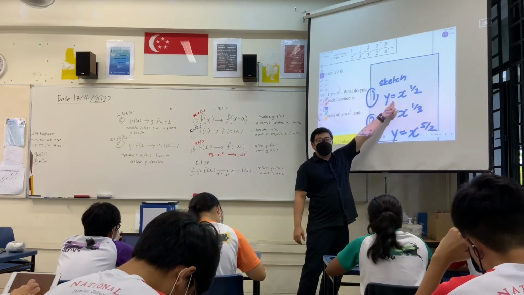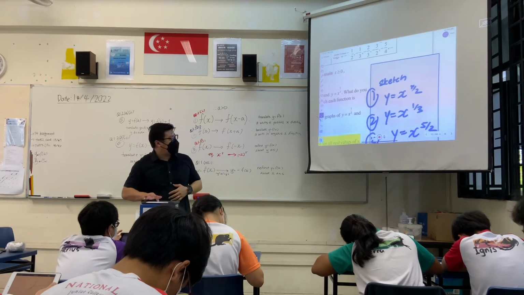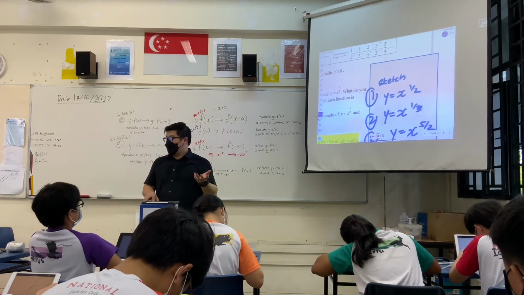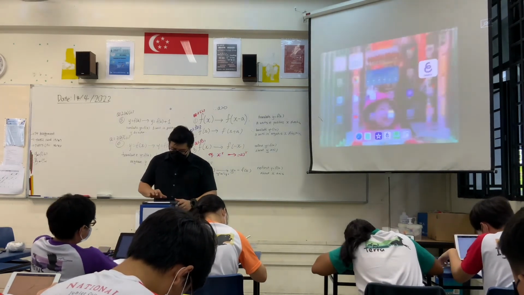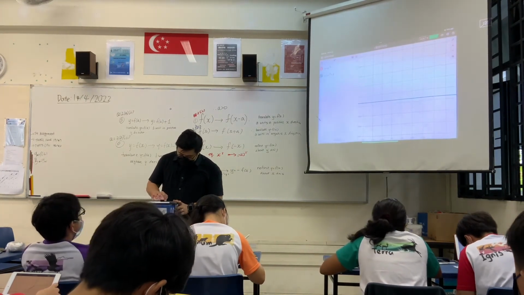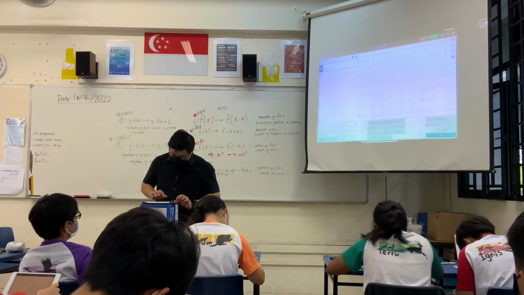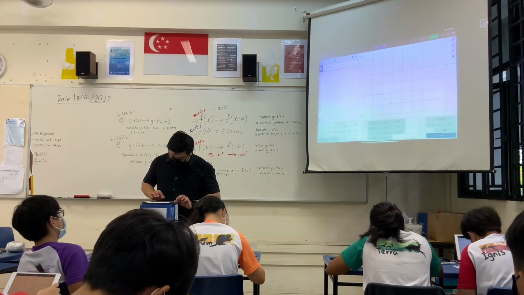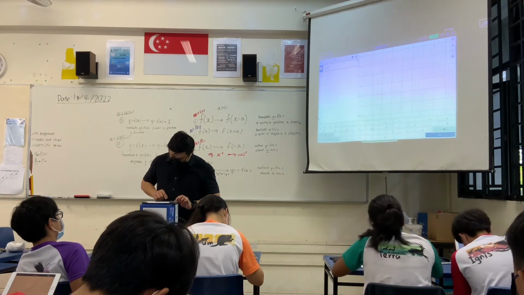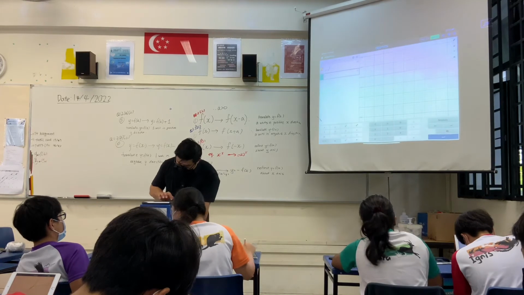Power 1/2, you realize that this graph is not seen on the left because you cannot square root a negative number. So let's observe. I think you all saw this just now, right? You draw this, right? This is to the power of 1 here, compared to this.